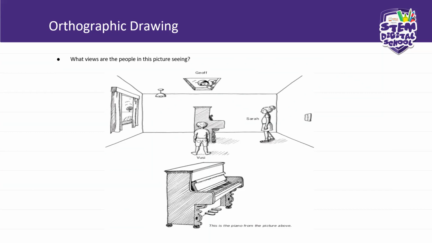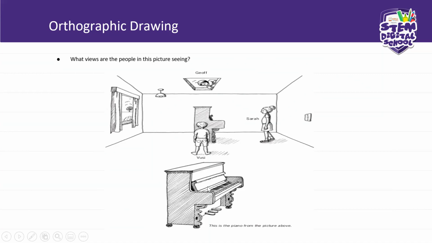It's not the same drawing that these 3 characters will produce of this one object. So these 3 people are going to draw a 2-dimensional view, a 2-dimensional drawing of this 3-dimensional object.